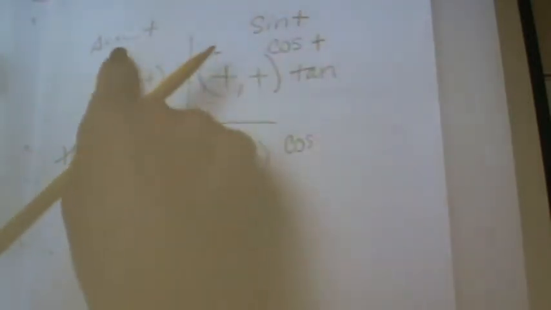So what does this mean? All of the trig ratios are positive in quadrant 1. Only sine is positive in quadrant 2. Only tangent is positive in quadrant 3, and only cosine is positive in quadrant 4. Which means what? I talked about the positive ones. The other ones are negative.